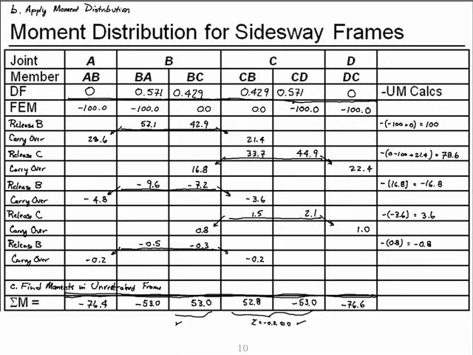We have a negative 76.4 and a negative 76.6, and that slight difference is probably due to round off, so we say that's a pretty good sign that they match. And we already looked at the internal equilibrium at the nodes, but also their magnitudes match, and they should from symmetry. That's a good sign.